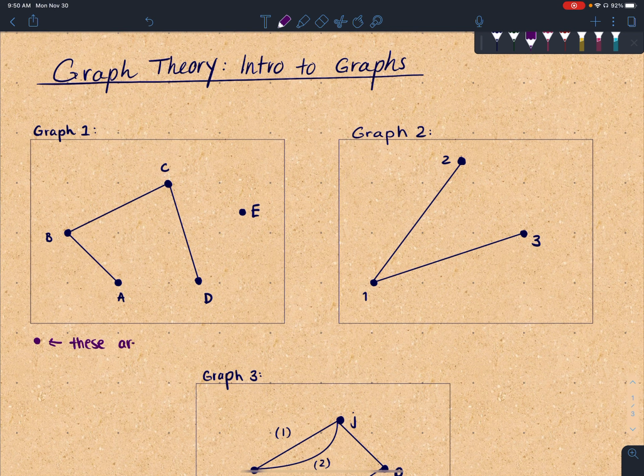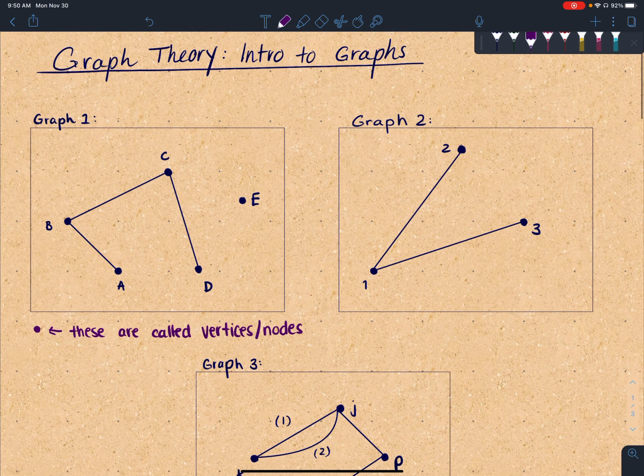These are called vertices/nodes. It really depends on the source you're using, the workbook or textbook, when you're learning this. There is a little bit of overlap in terms of notation in this topic, which can be a little bit frustrating, but you just go with whatever your course is using, whether it's vertices or nodes. I'm going to stick to vertices since that's what my students are comfortable with.